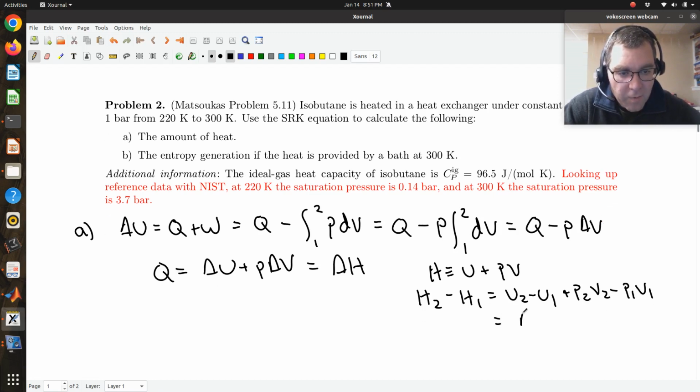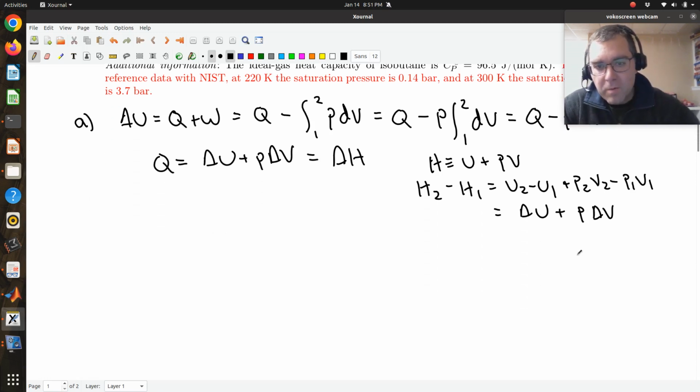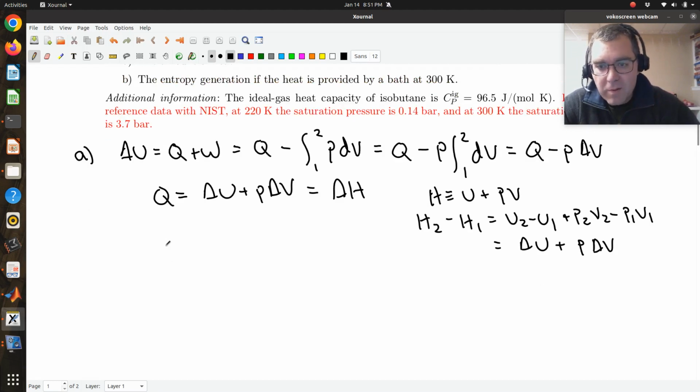So I'm just left with delta U plus, P is the same so I can factor it out, P times V2 minus V1, delta V. So my first law balance reduces to just Q is equal to delta H.